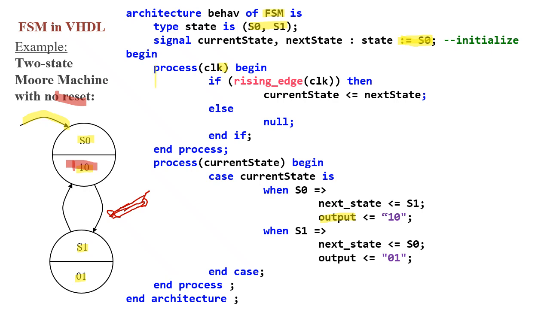If you're resetting, of course, you need to make sure that the current state goes to S0 for this particular example. In this case, we do not have a reset, so I'll explain the code as it is. We're checking if rising edge of the clock. So process clock simply means monitor any change that happens to the clock. If the clock changes, then update or evaluate the process.